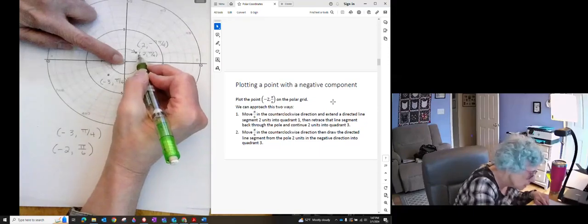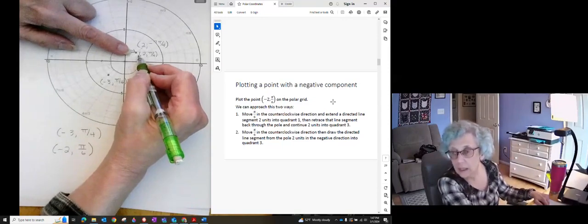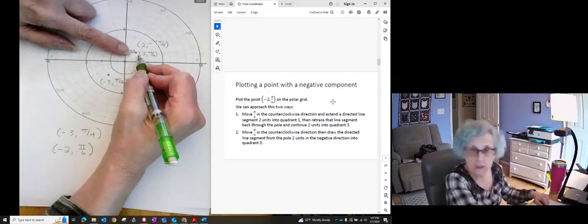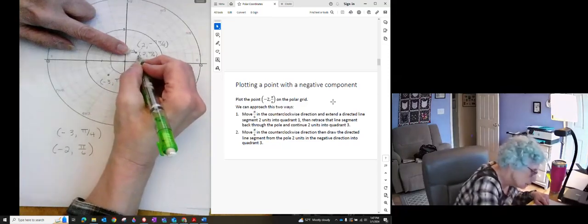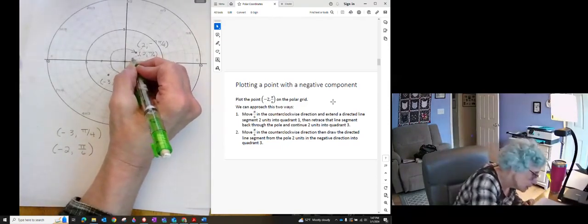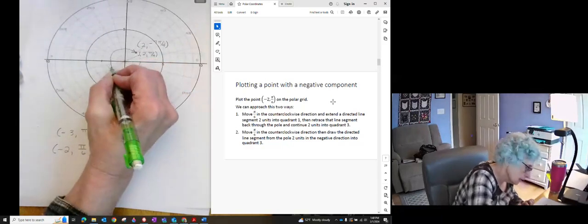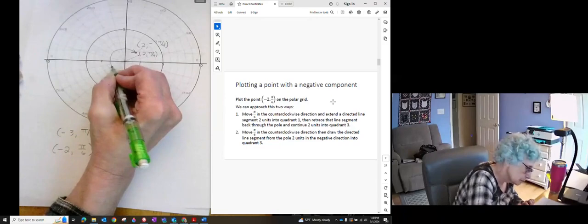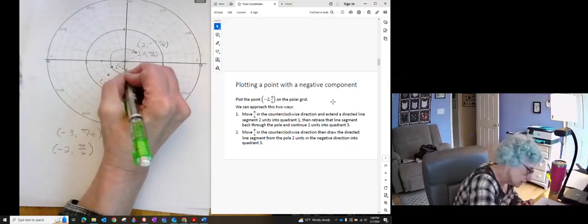So here's pi over 6. Extend a directed line segment 2 units into quadrant 1. So 1, 2. And then trace back over it and go 2 units into quadrant 3. So this is the point (-2, pi over 6).